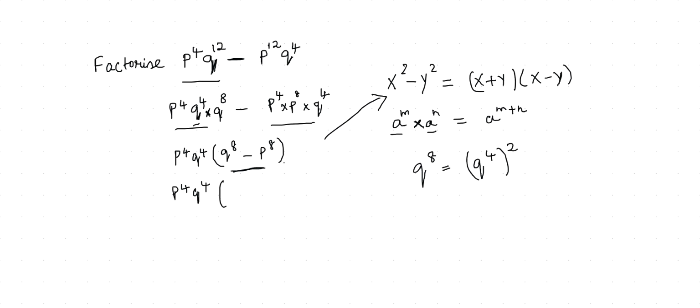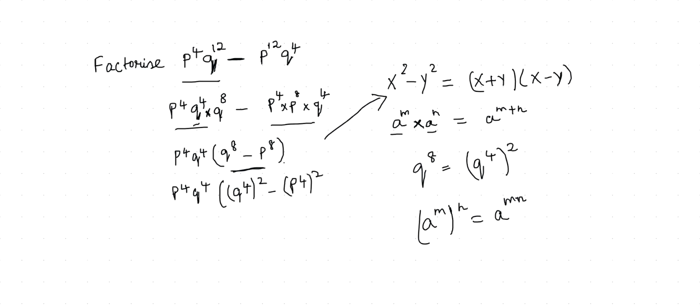This is again using the laws of exponents: a to the power m whole to the power n can be rewritten as a to the power m n. When you have power of power, you just multiply the powers. So q to the power 8 can be rewritten as q to the power 4 whole square minus p to the power 4 whole to the power 2.